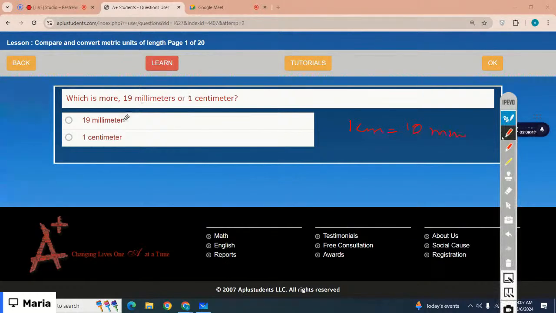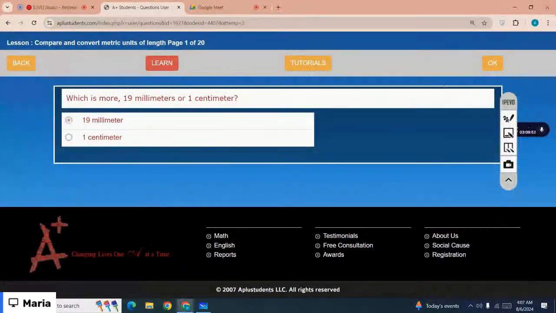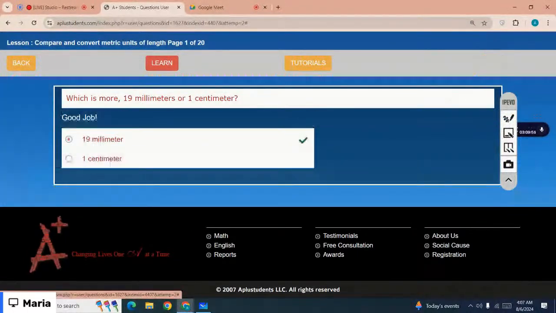So obviously then 19 millimeters is more than 10 millimeters. Option number one is the correct option. Very good. 19 millimeters it is.